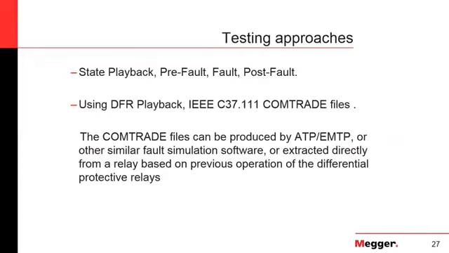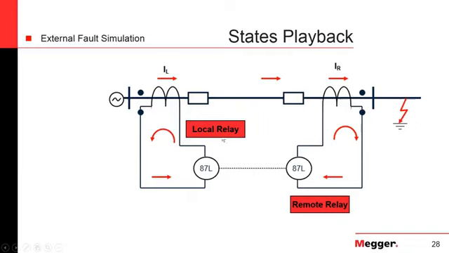Now, the main approaches to end-to-end testing are using what we call state playback, and the other one is using DFR playback. I'm going to talk a little bit about state playback.